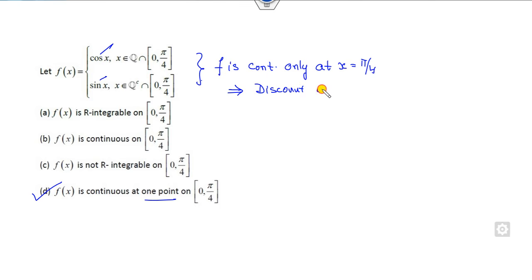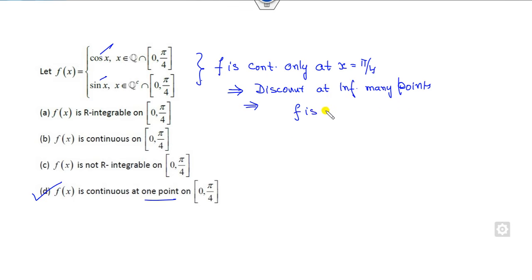Now can you say what the discontinuity is? It means it has infinitely many discontinuities over this domain. So what is that?